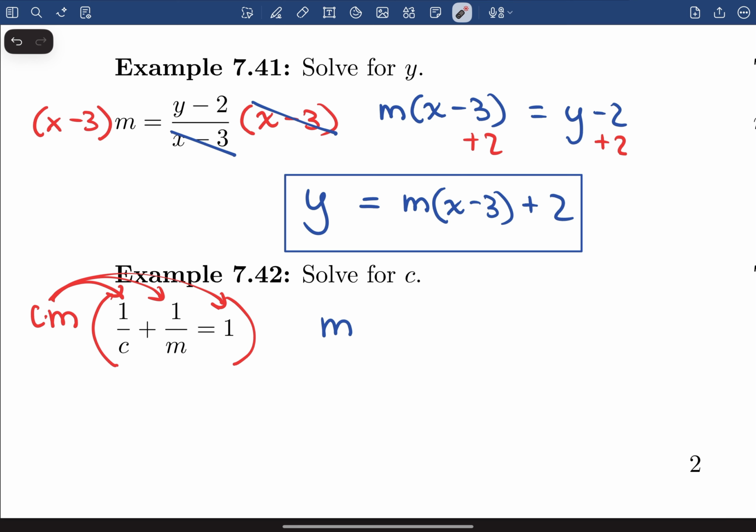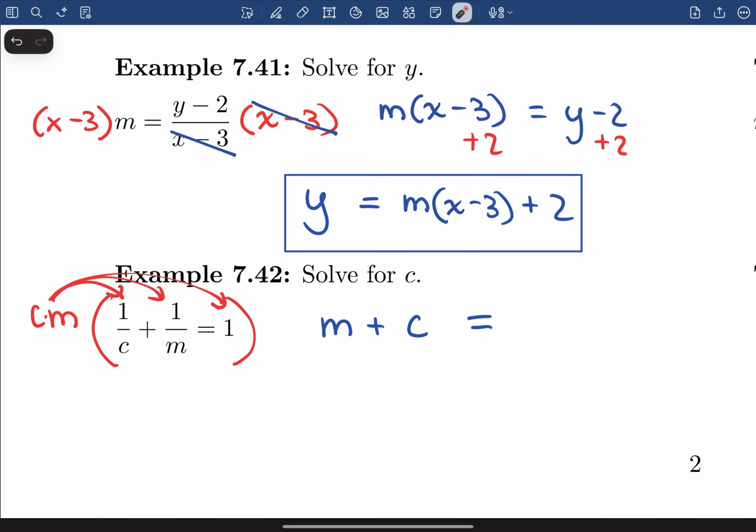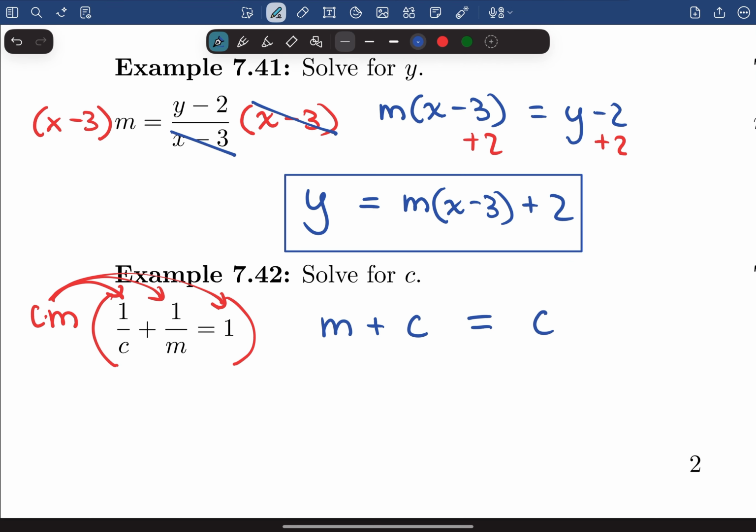So this m cancels this m, and 1 is multiplied with c. So I get a plus c. And now that equals, well, c times m is multiplied with 1. 1 times c times m. Well, then that's just c times m. Great. And so now we have cleared the fractions by multiplying by the LCD.